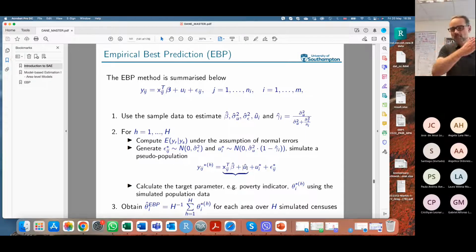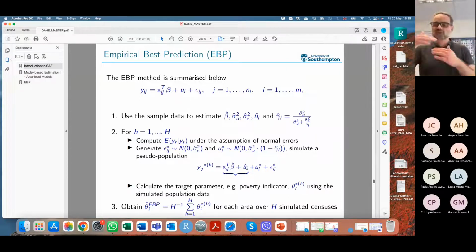For each of these censuses you calculate the set of parameters that you are interested in, and then the empirical best predictor of the parameter of interest, which I denote by theta hat_i EBP, is nothing more than taking the expectation over the Monte Carlo iterations that you have done.